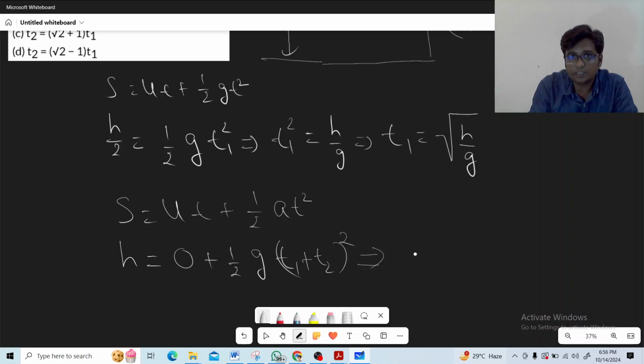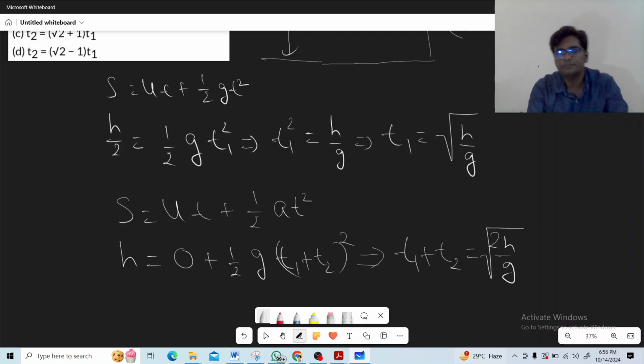Similarly we can find out the value of t1 plus t2 in terms of h. And I think that you are very great at your mathematical calculations, so we can get it as root of 2h by g. Done. Okay, so now what we have to do is to find out the relation between both the times.